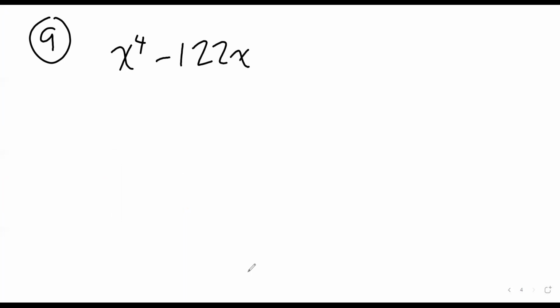This is number 9. It was x to the 4th minus 122x to the second, plus 121 is equal to 0.